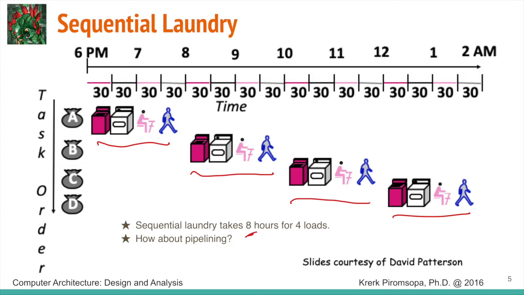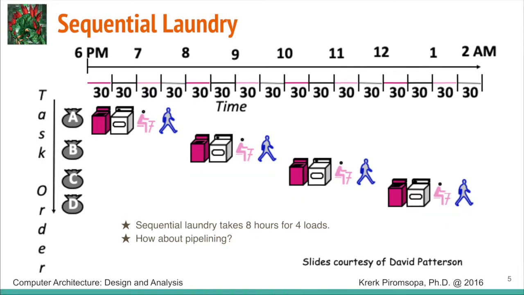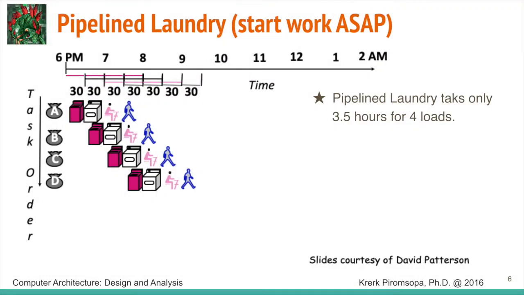Pretty long, right? But you may observe that, wait, by the time that Anne is finished with the washer, why don't we just start the next batch of washing clothes for Blaine right away? If you do it that way, we can reduce from 8 hours to maybe 4 hours, or 3.5 hours to be exact.